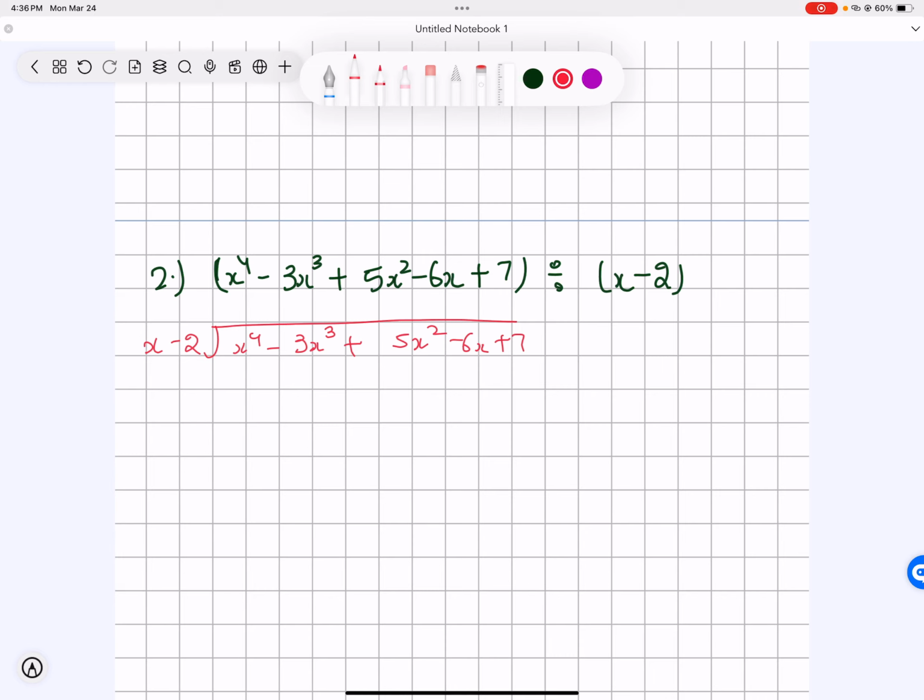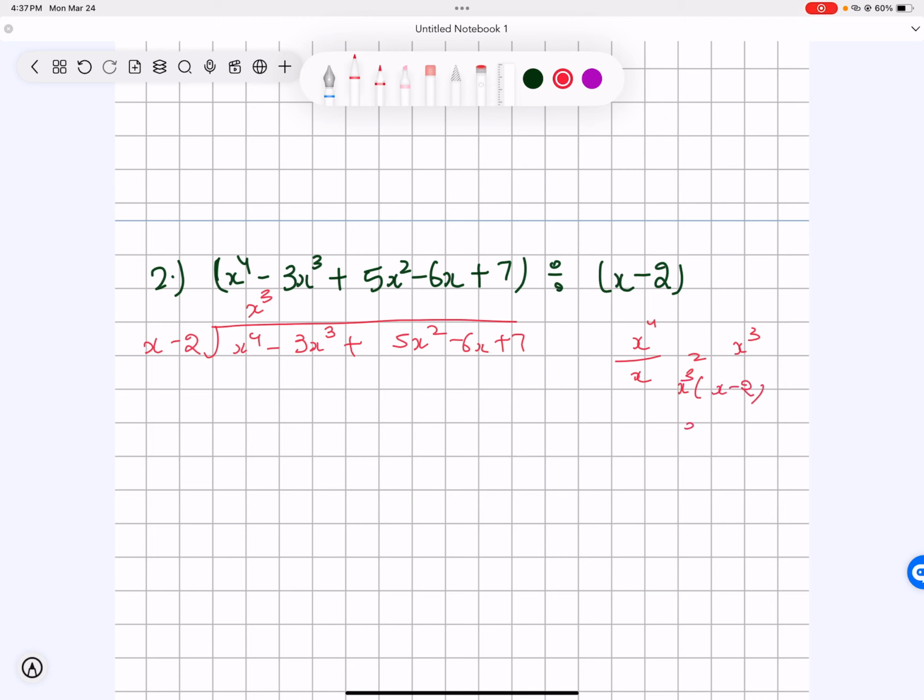So now I'm gonna divide x cube root x into x is gonna give me x cube, and then I'm gonna x cube into x cube into x minus 2.